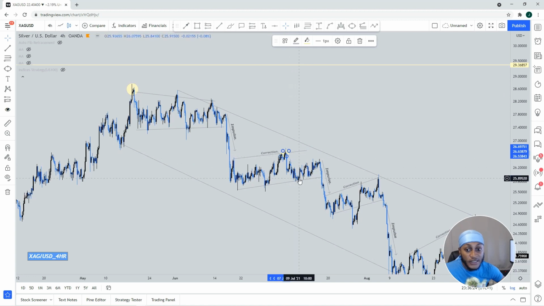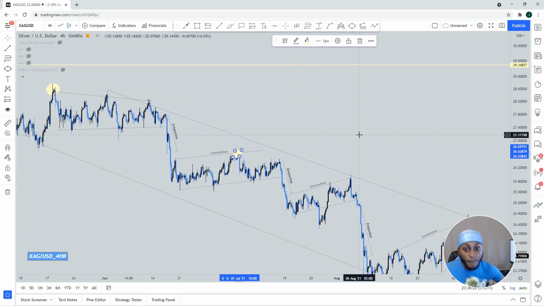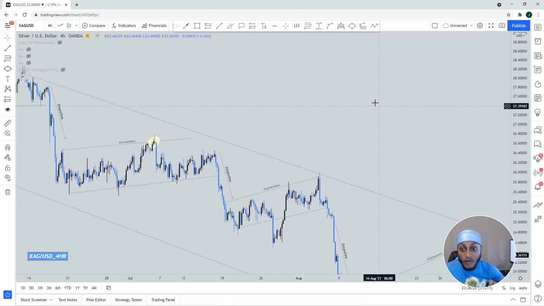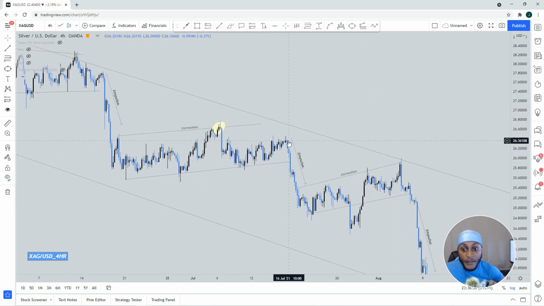Price came back down, went back up, and straight away we have a nice bearish hammer pin bar followed by a bearish engulfing. You can see this high did not break past this high, so straight away I know I'm going to look for selling opportunities to push price lower.